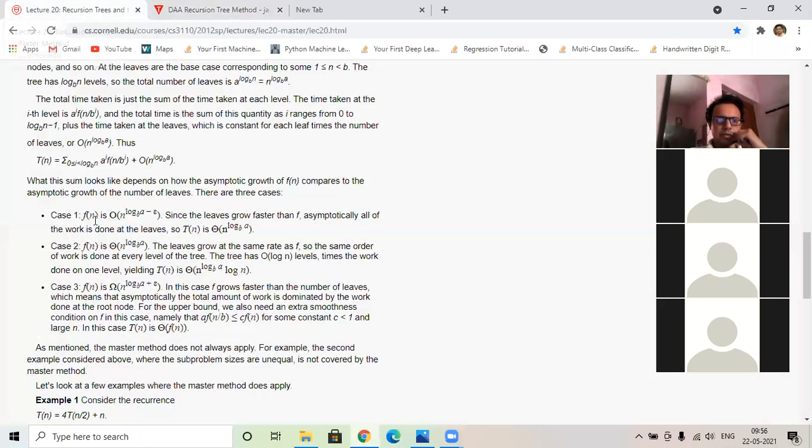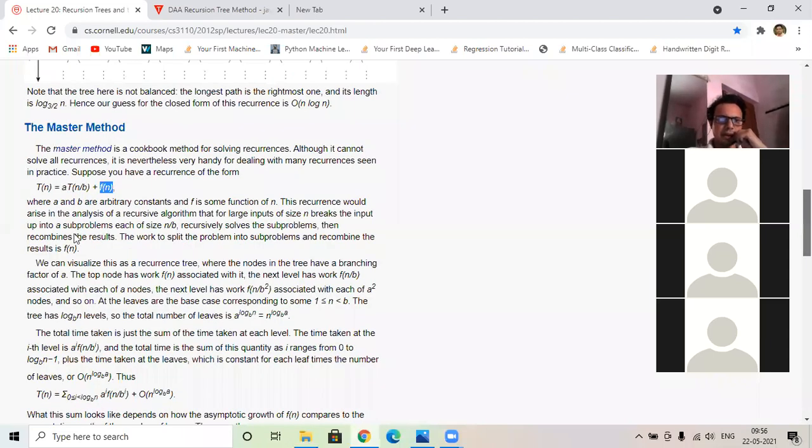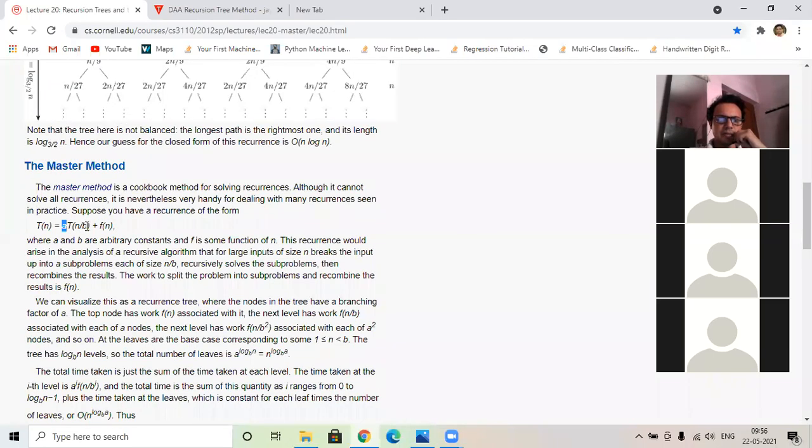So case 1: f(n) will be big O of n to the power log a base b minus epsilon. So what is a and what is b? It is a and it is b. Don't forget it.